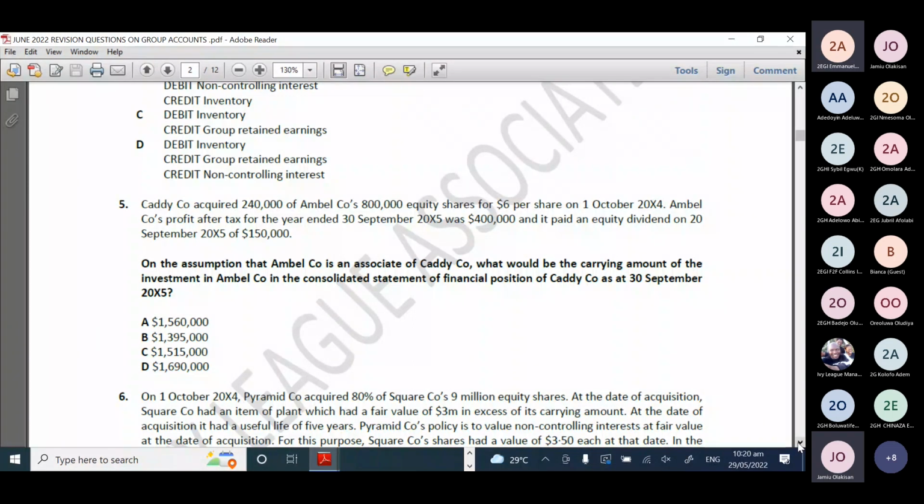Ambelco's profit before tax for the year ended 30th September 20x5 was $400,000, and it paid an equity dividend on 20 September 20x5 of $150,000. On the assumption that Ambelco is an associate of Cadico, what would be the carrying amount of the investment in Ambelco in the consolidated statement of financial position of Cadico as at 30th September 20x5?